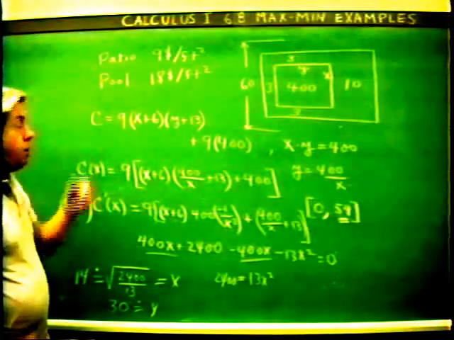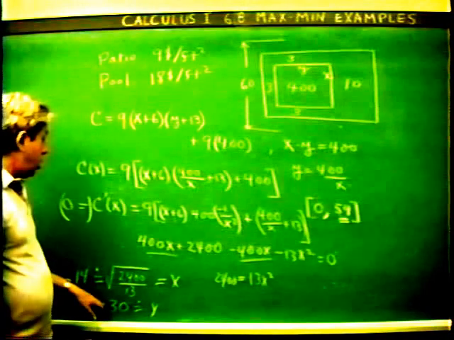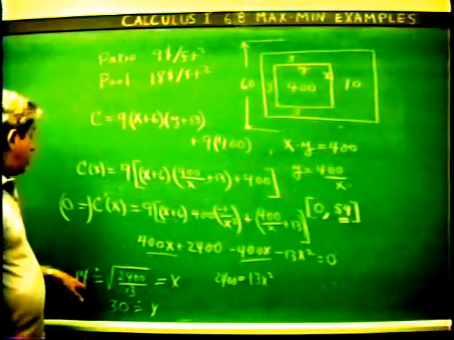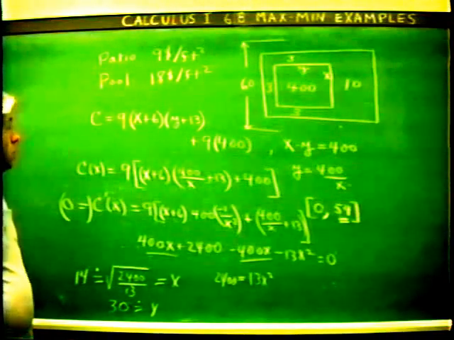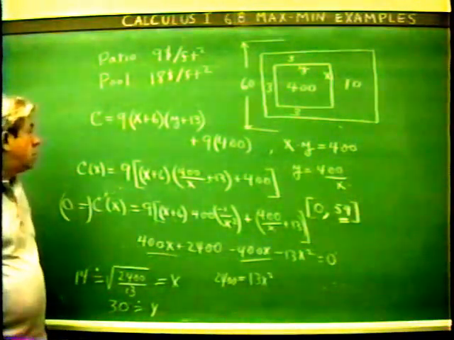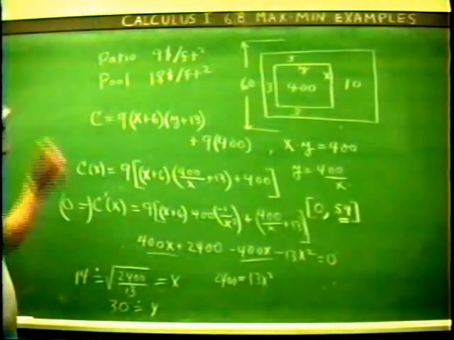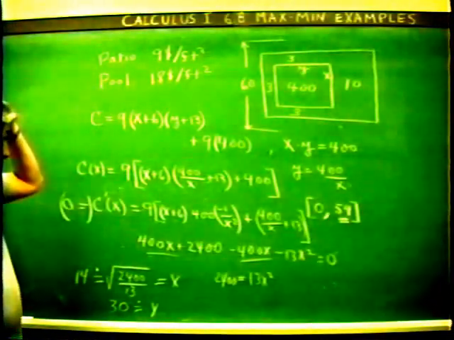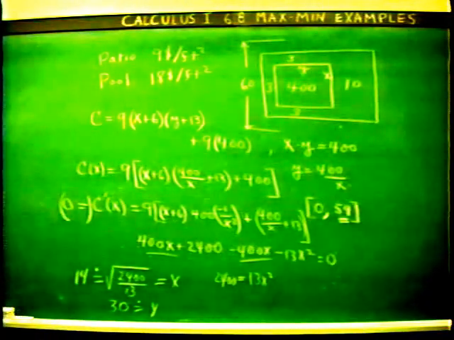So 30 is approximately equal to y. And now if these were pleasing dimensions, one might consider making the pool with these dimensions, because these are essentially the dimensions which can give the least cost. Of course, one also should check 54, but that's not a likely candidate for the minimum.